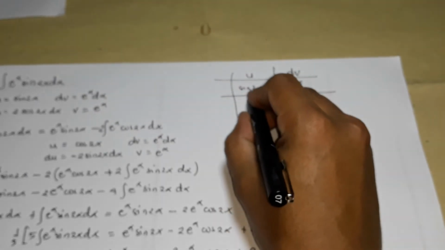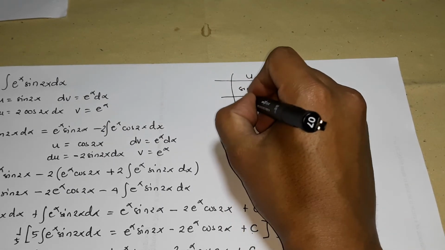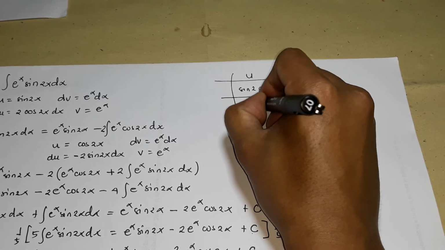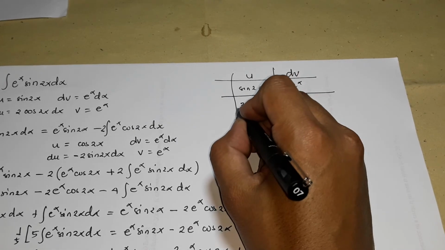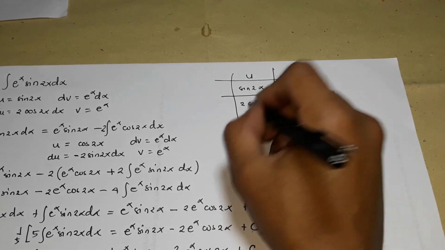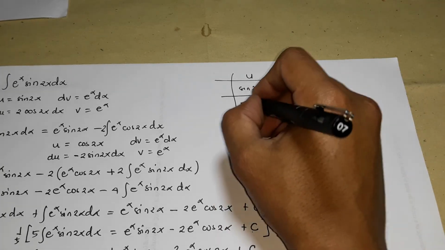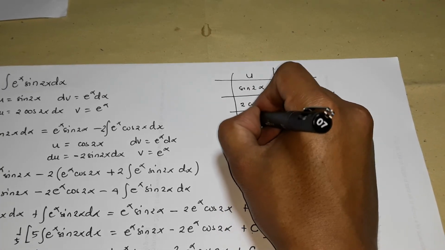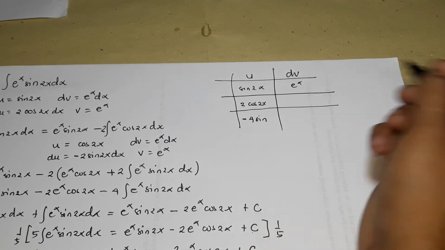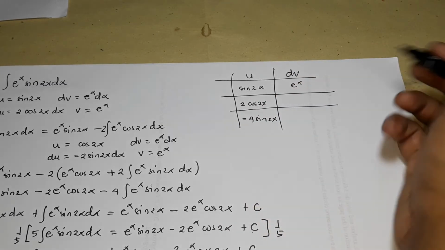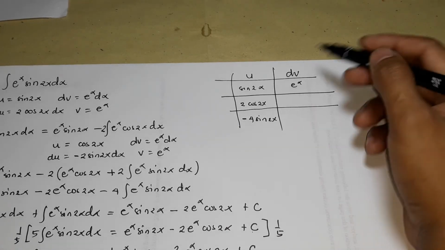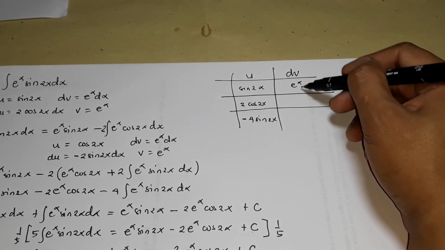So differentiating sine 2x, you have 2 cosine 2x dx, of course. So you only write 2 cosine 2x, and then you differentiate it again, so you will have negative 4 sine 2x, and then you may stop here and start integrating e to the x.